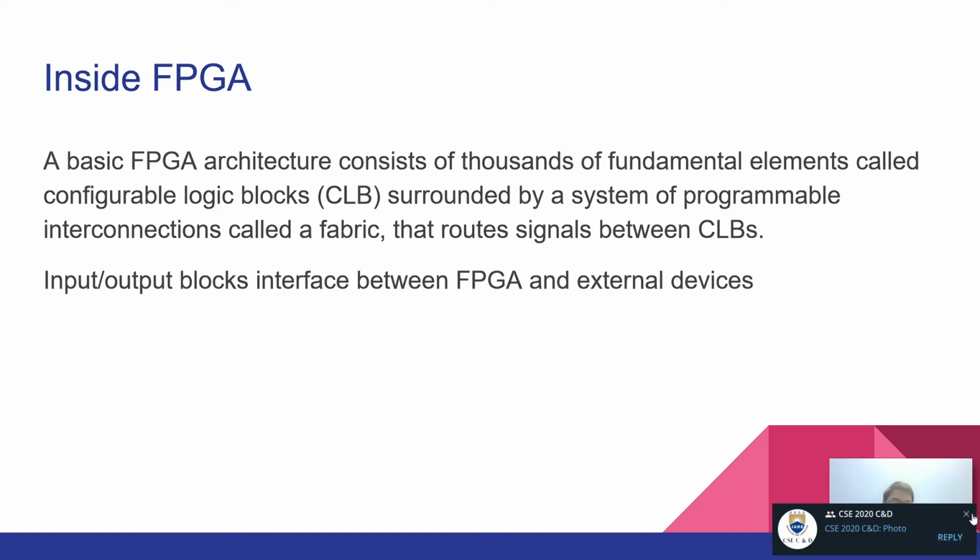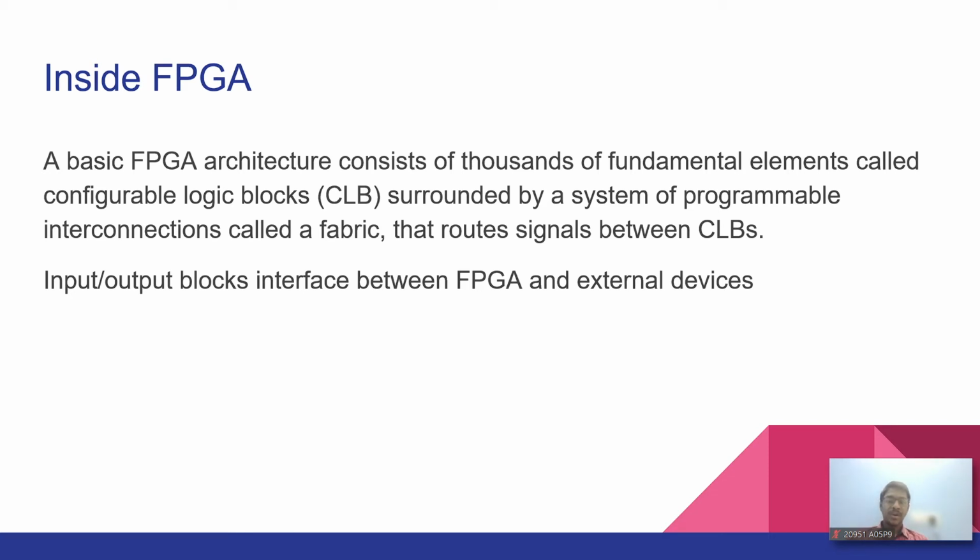So moving on, inside an FPGA. A basic FPGA architecture consists of thousands of fundamental elements called configurable logic blocks, which are surrounded by a system of programmable interconnections called a fabric that routes signals between CLBs. CLBs are nothing but configurable logic blocks.